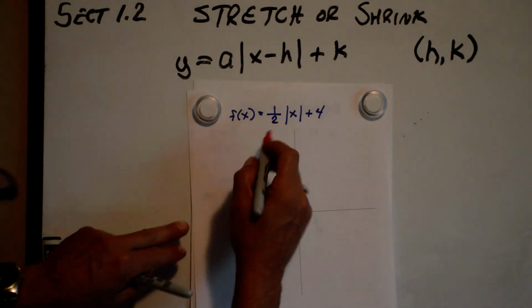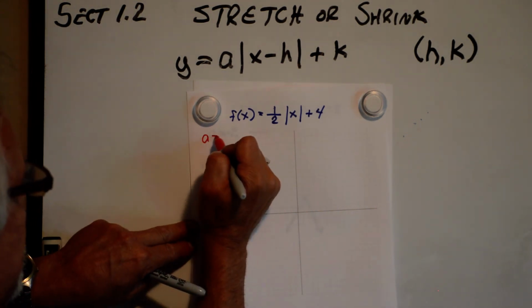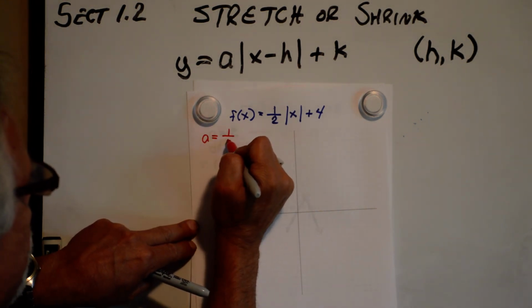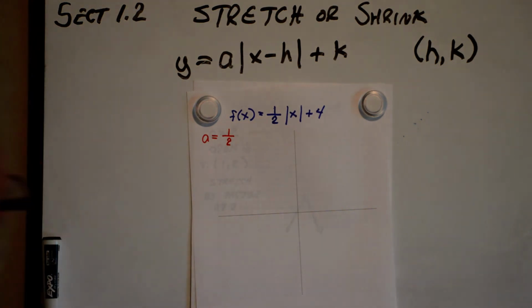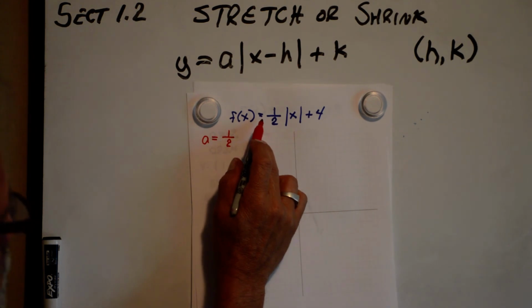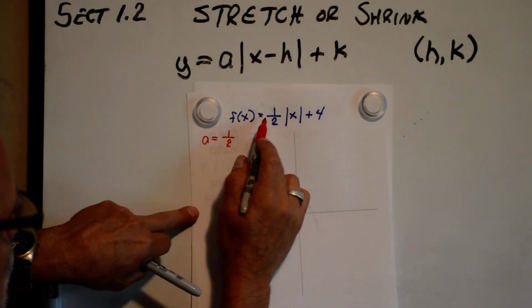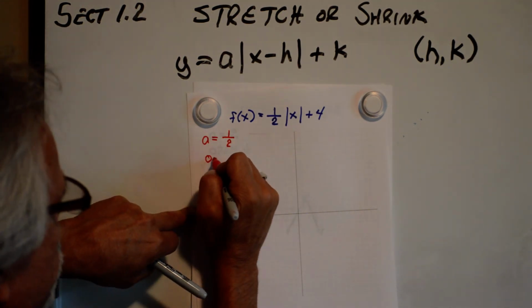Okay, so my a in this case is equal to 1/2. My a is greater than 0. It's positive, in other words. So since it's positive, I know that this guy is going to open up.